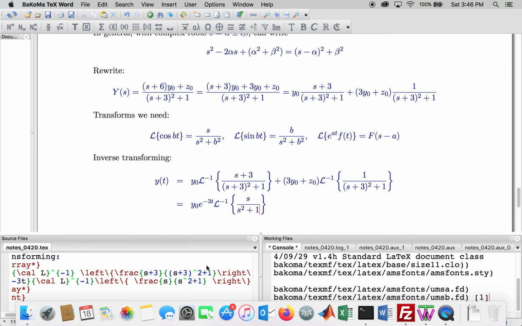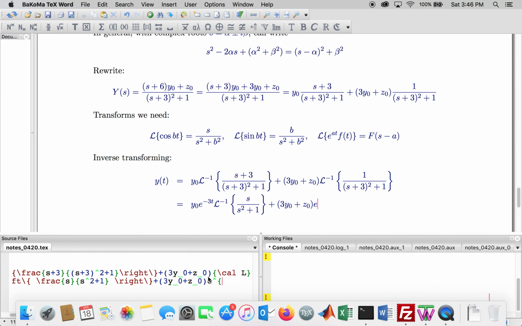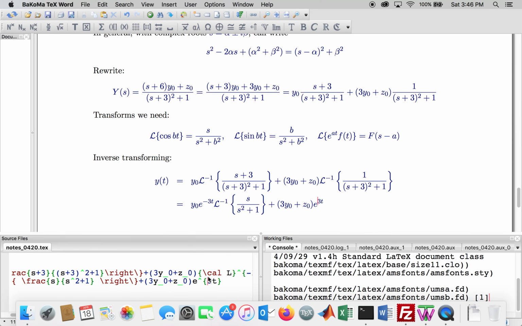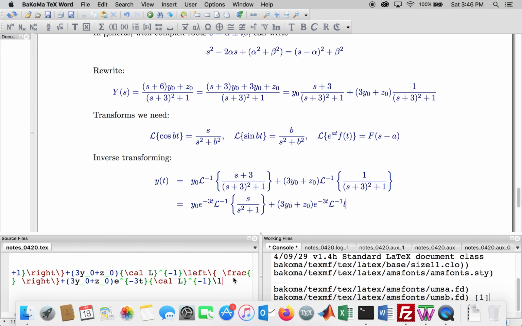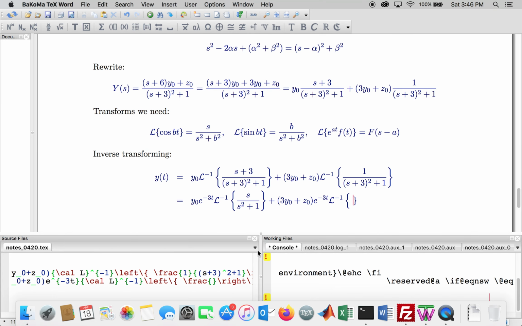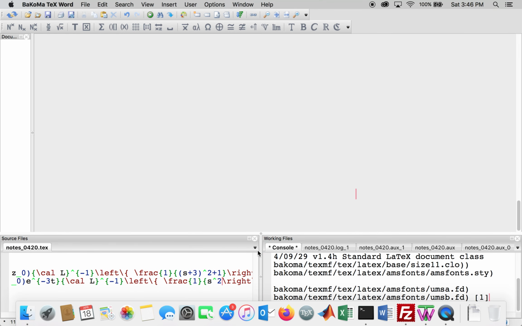So that's the unshifted version of this. Plus 3y naught plus z naught times the exponential, e to the minus 3t again, times the inverse transform of this unshifted fraction, so 1 over s squared plus 1.